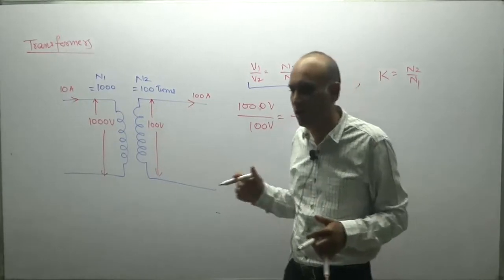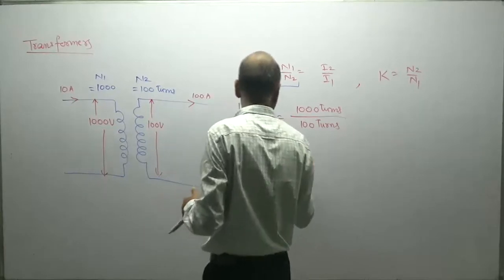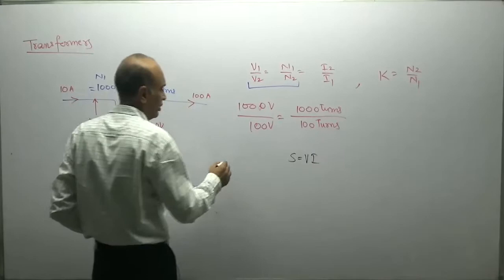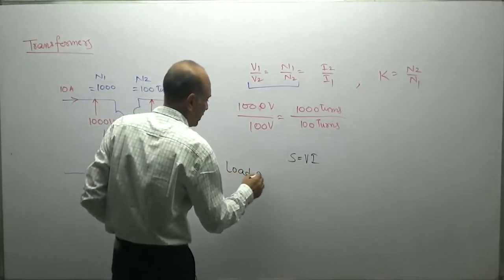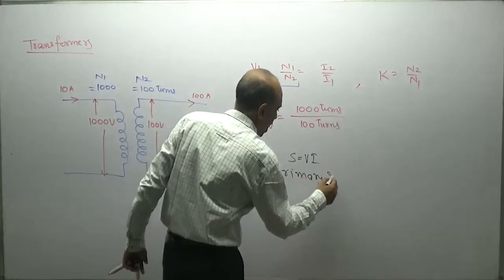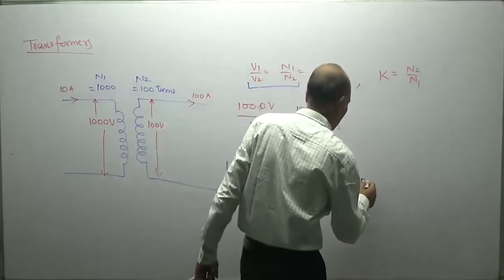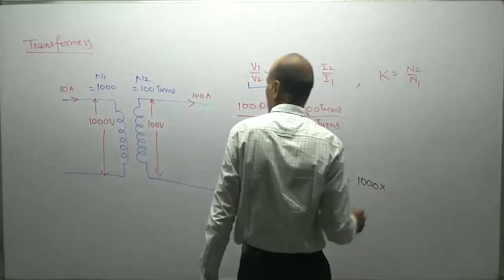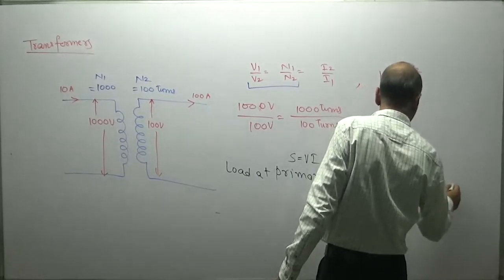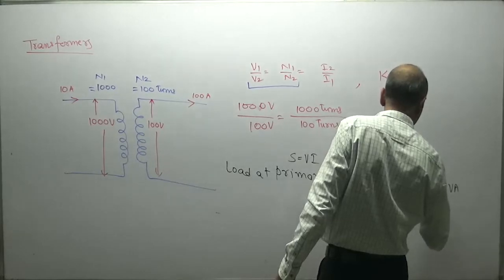Apparent power means voltage into current, V into I. So the load at the primary side: voltage 1000 into 10, it is 10,000 VA, or in other words you can say 10 kVA.